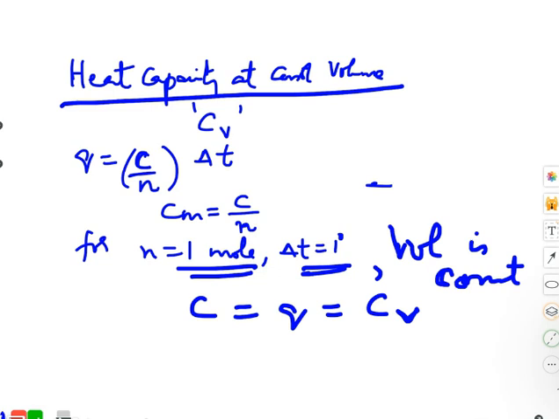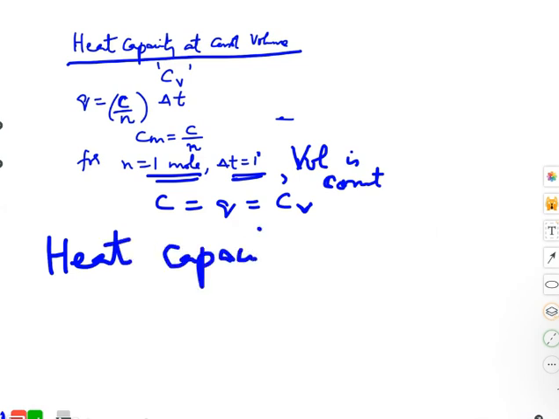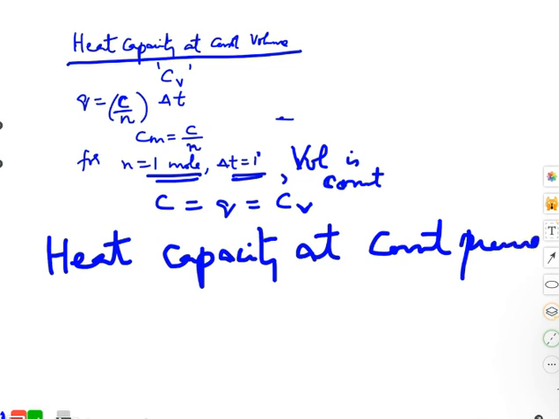The volume is constant during the change of the temperature by 1 degree Celsius. Like when you do the same at constant pressure, it becomes heat capacity at constant pressure, Cp.